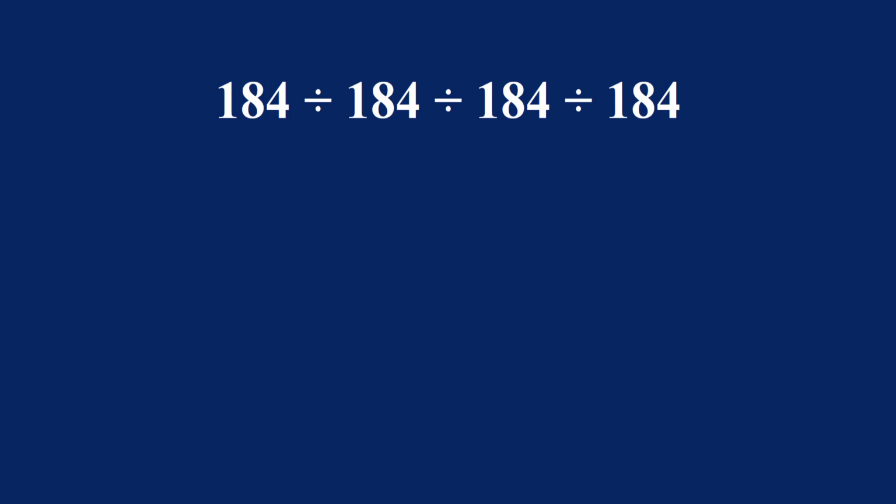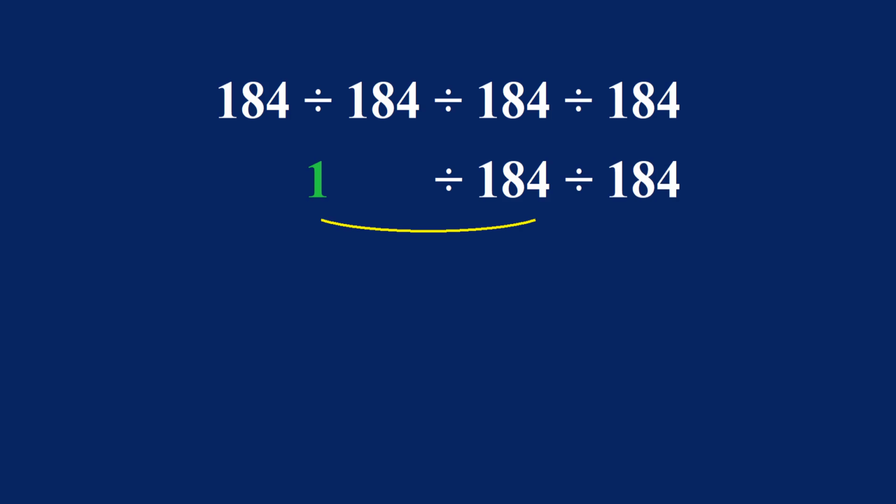So we have first this division, 184 divided by 184 equals 1. So we have 1 divided by 184 divided by 184, and we can write this part as 1 over 184 divided by 184.